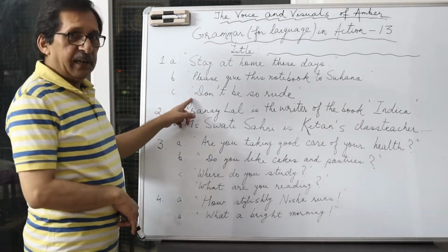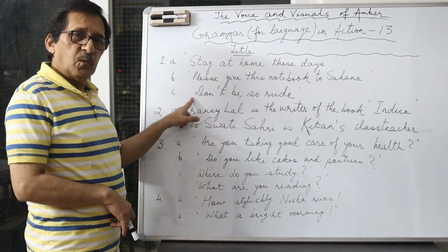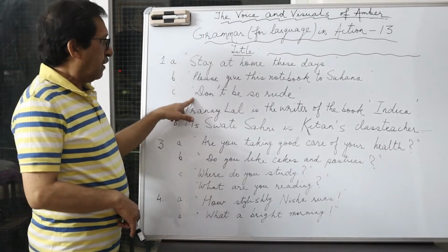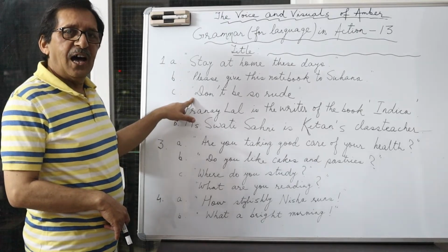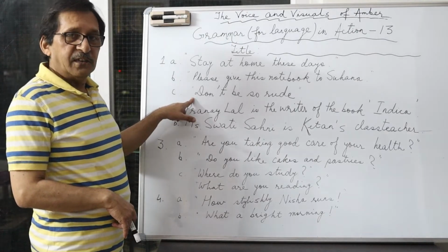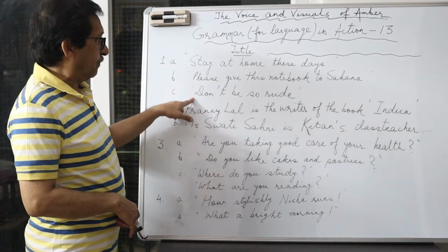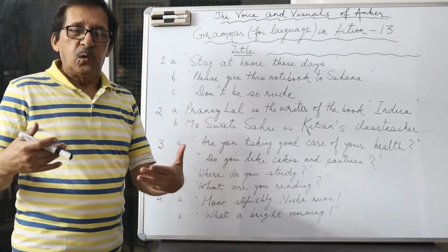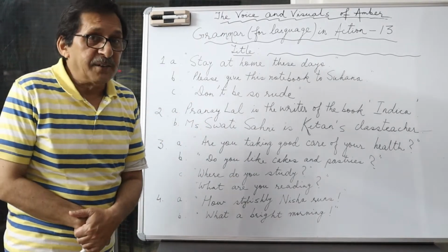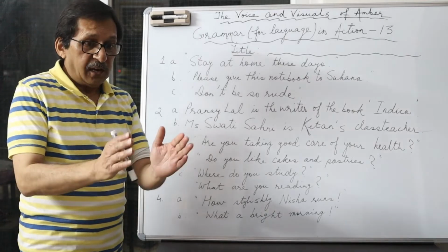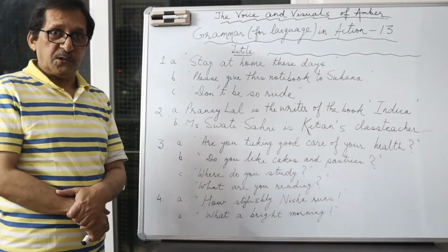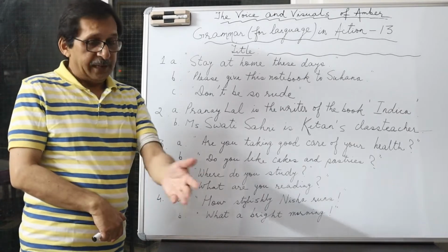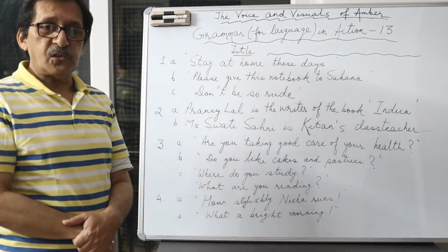Now, in these 3, there is something which is common. The subject, you, is understood. It is not stated. Because whenever we talk to somebody and advise somebody, we don't say, you drink this orange juice. We just say, please drink this orange juice.